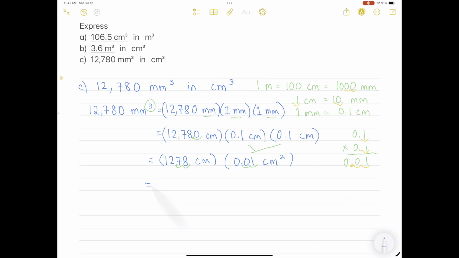And I multiply centimeter times centimeter squared to get centimeters cubed, or cubic centimeter. 12,780 cubic millimeters equals 12.78 cubic centimeters. And I box my answer.